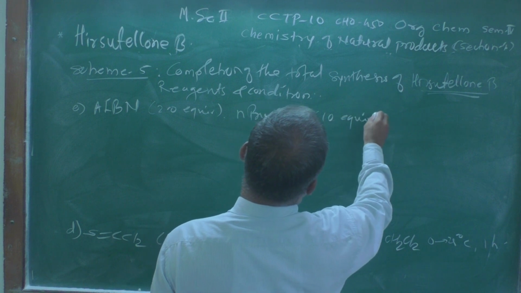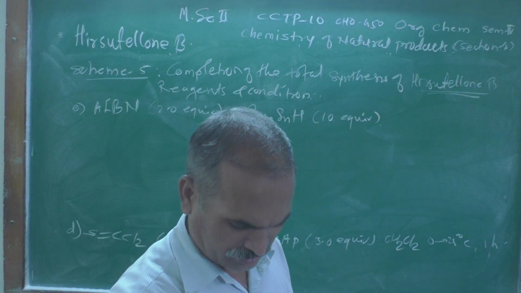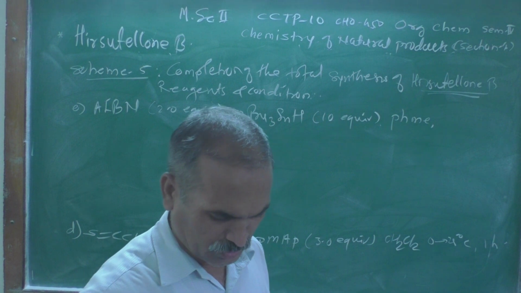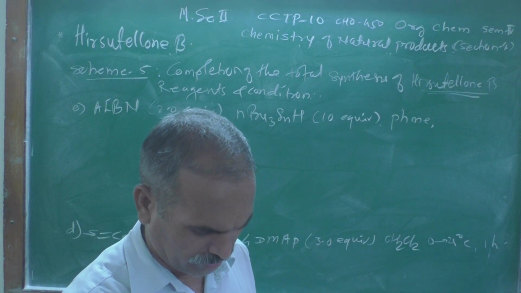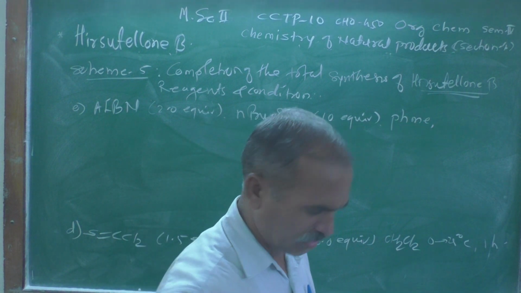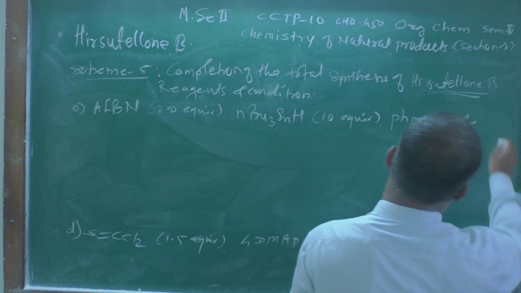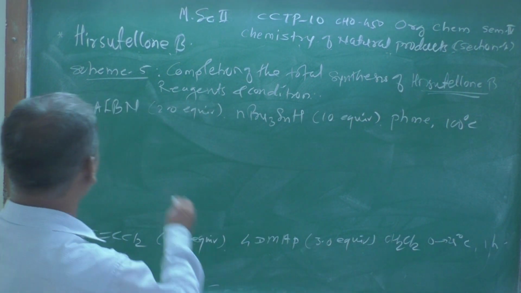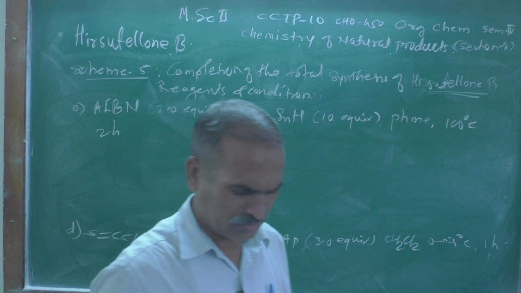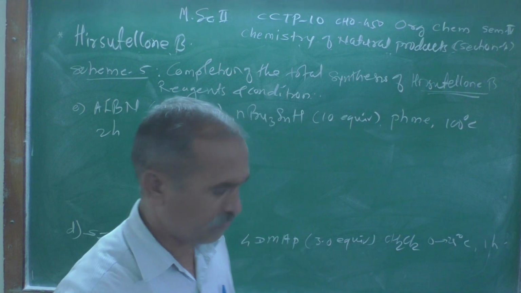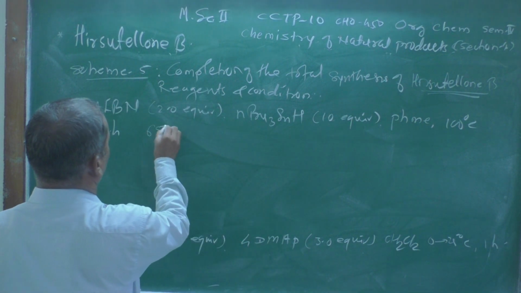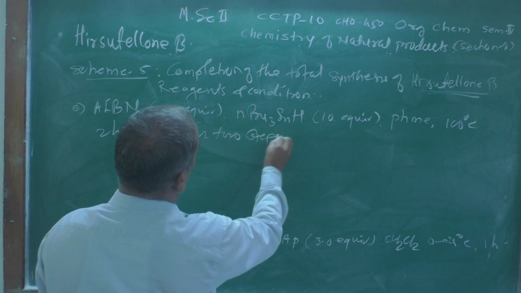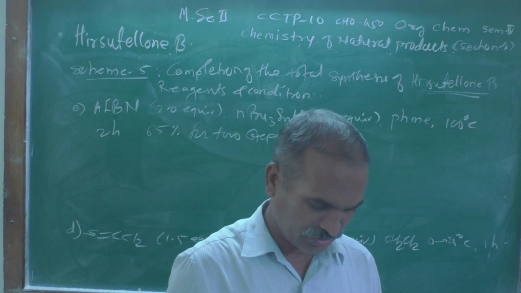PhMe, that is toluene, is used as the solvent over here, at 100 degrees centigrade for 2 hours, and the yield obtained was about 65% for 2 steps.